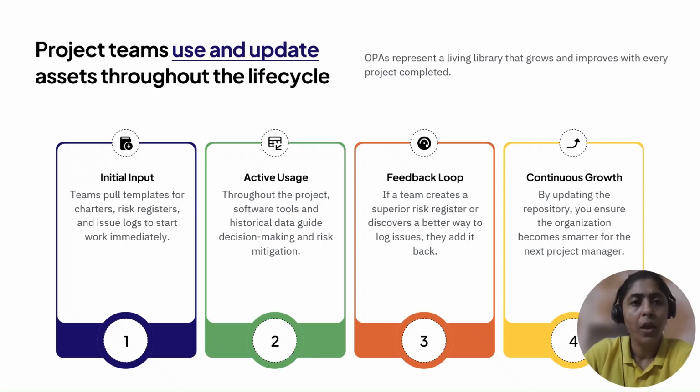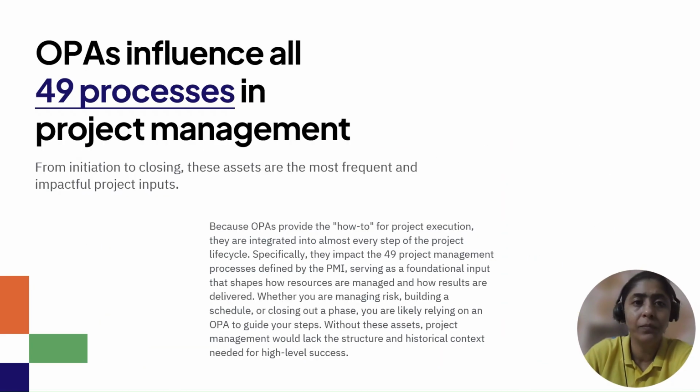Over time, every completed project has the potential to make organizational assets better. The next project manager starts from a stronger foundation than the previous one. This is why we can think of OPAs as continuously evolving organizational knowledge, not simply documents sitting in a folder.